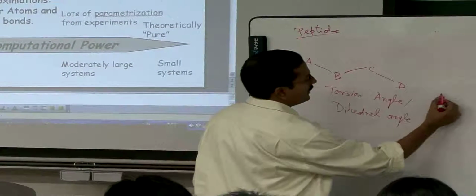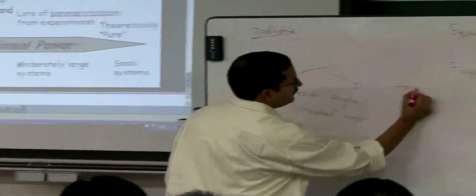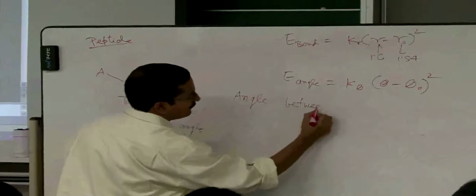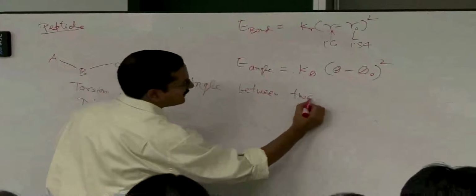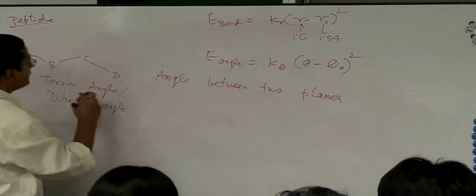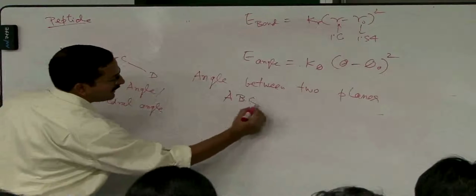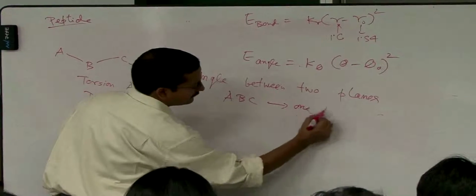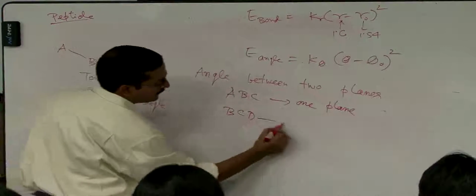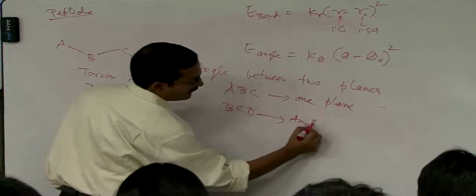Let us see, I will just explain quickly. This is the angle between 2 planes. What are the 2 planes? In this case ABC is one plane and BCD is another plane.